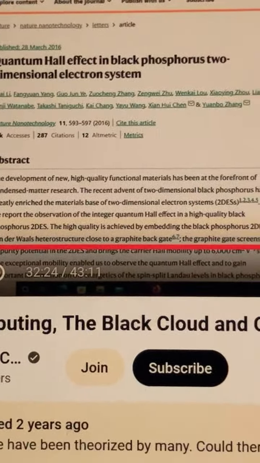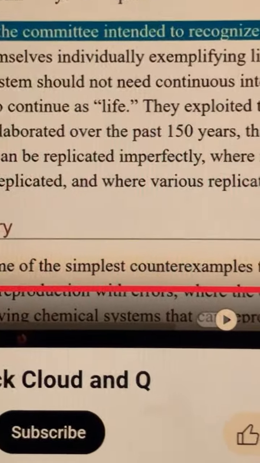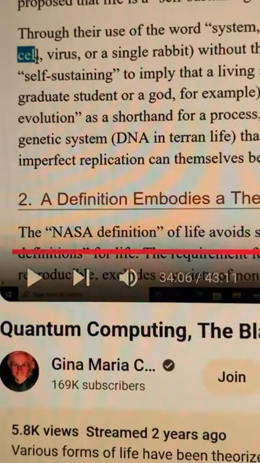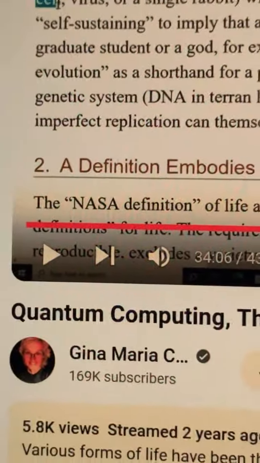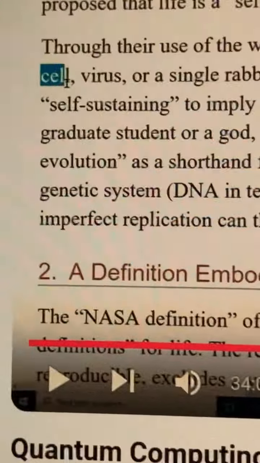Okay, we went to that one. What was the other one that we went to? The committee intended to recognize entities. Okay. Oh, it's 1994, NASA. Okay, a NASA definition of life avoids some of the simplest counterexamples. Okay, look at this. Let me see this.